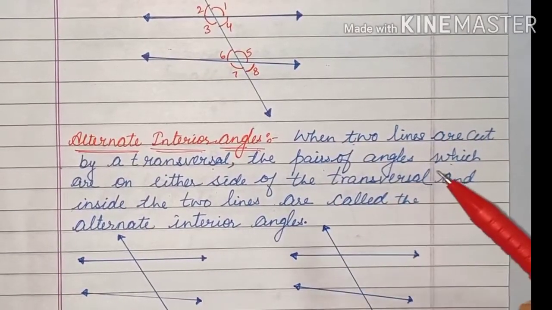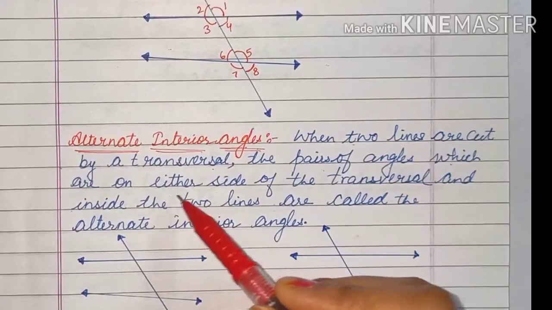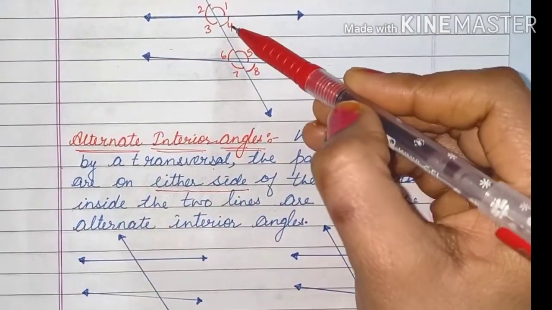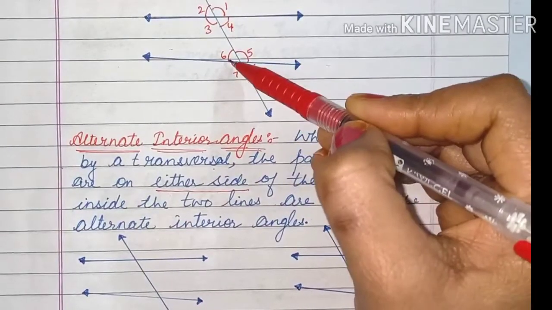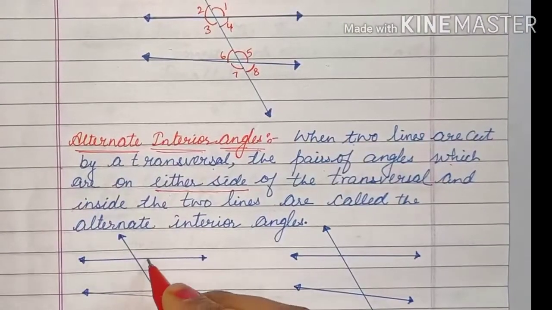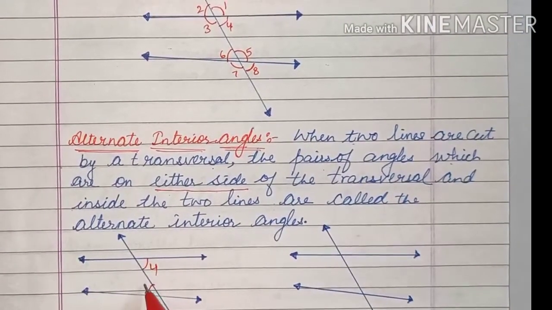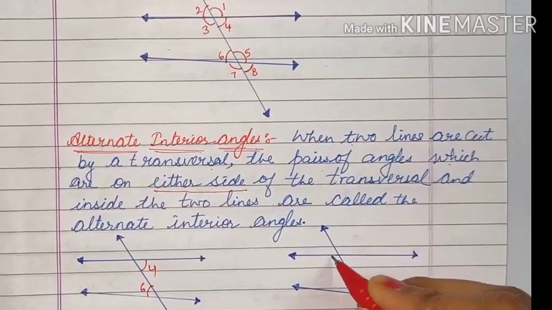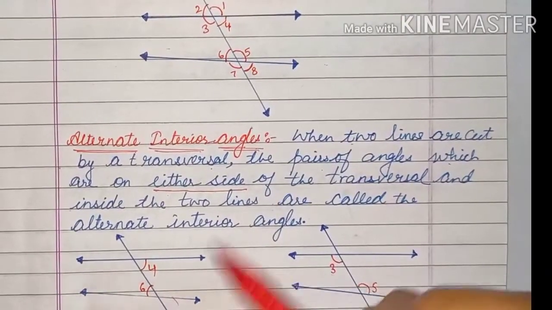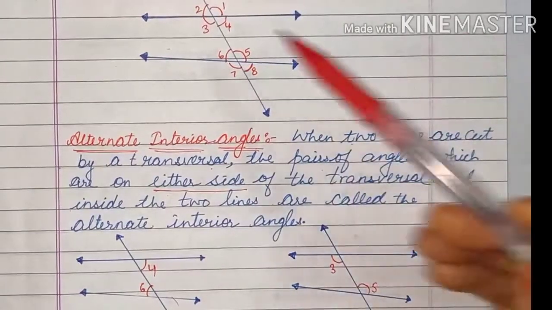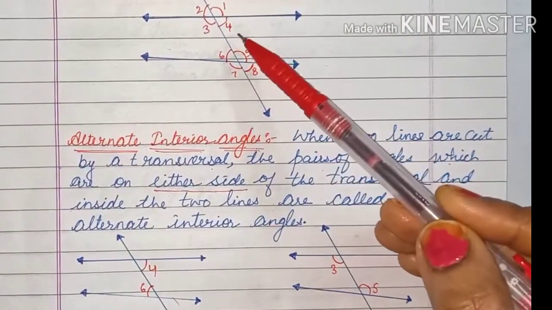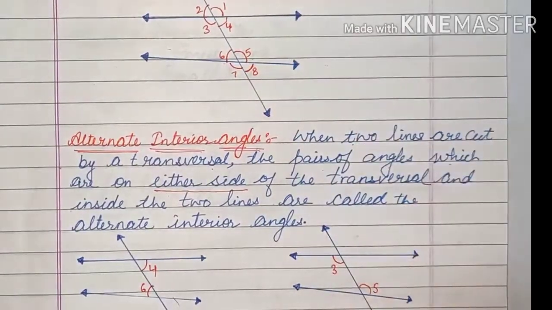Now alternate interior angles are the angles on either side of the transversal. If we take angle 4, then the other interior angle on the opposite side is angle 6. So the first pair is angle 4 and angle 6. Similarly angle 3 and angle 5. These are the two pairs of alternate interior angles: angle 3 and 5, 4 and 6. Interior and on the opposite side.